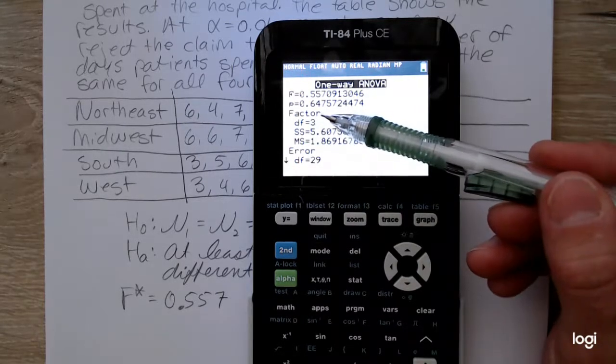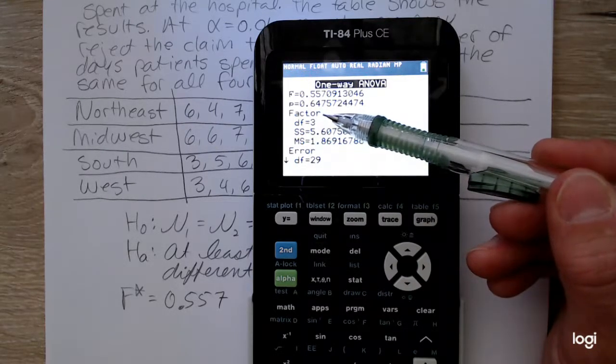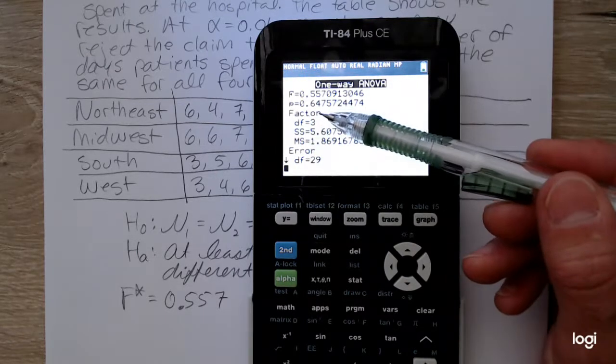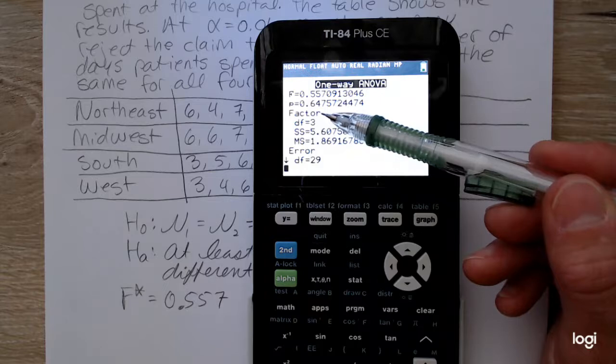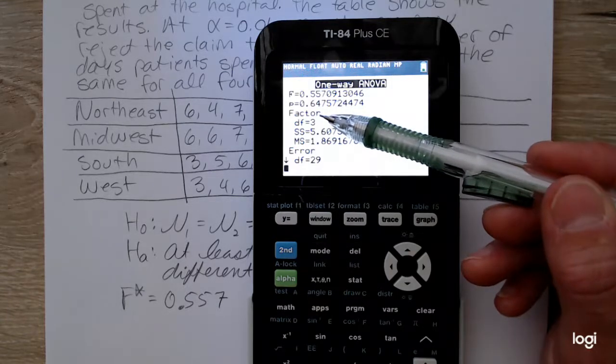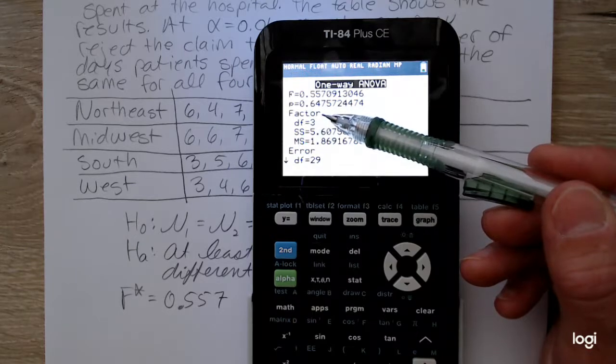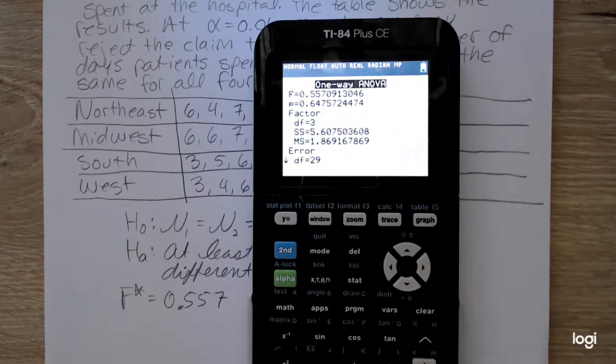The calculator calls the treatment portion a factor. Okay, so that would be the treatment, or some books call it effect.